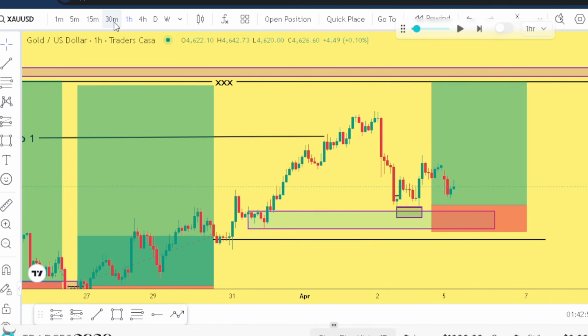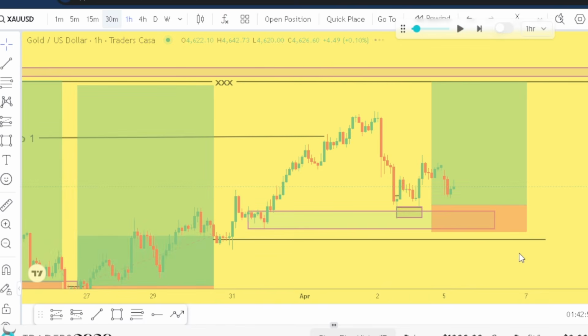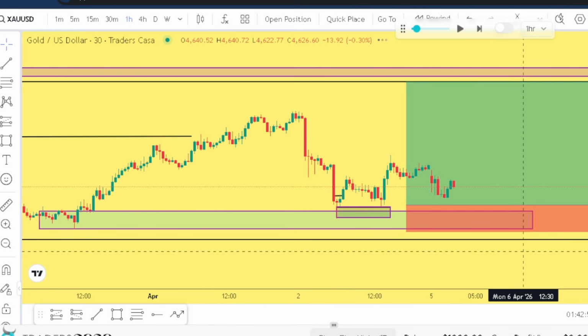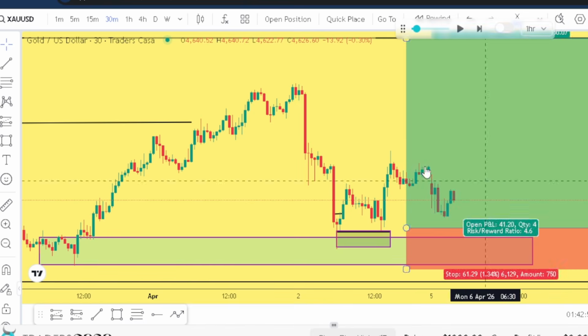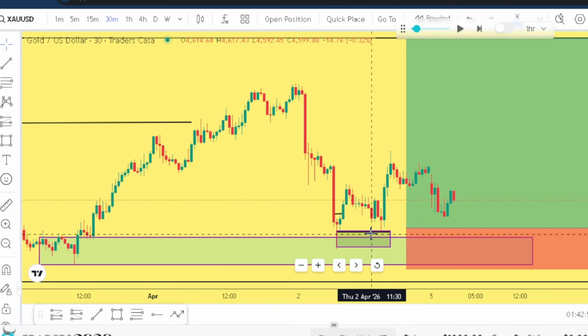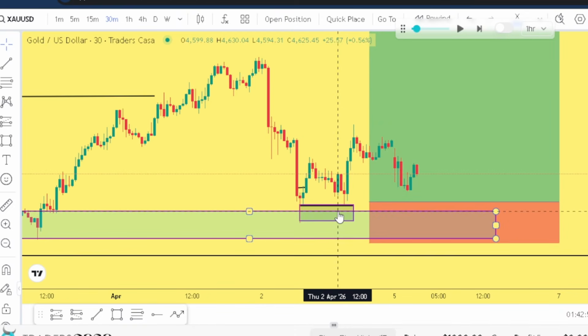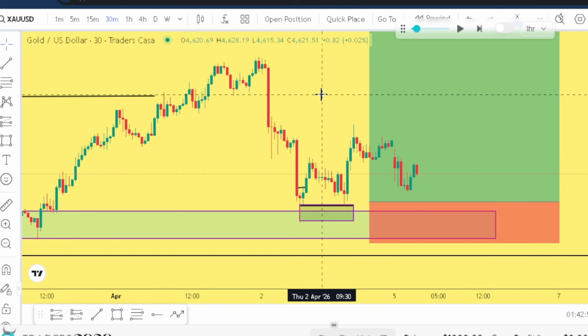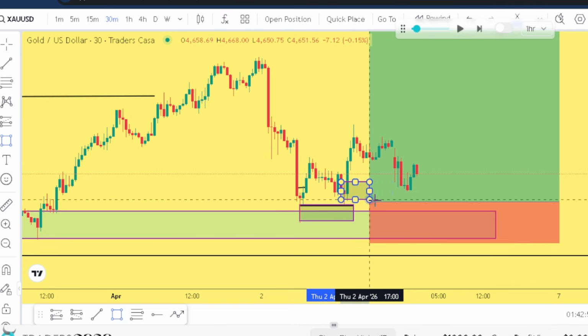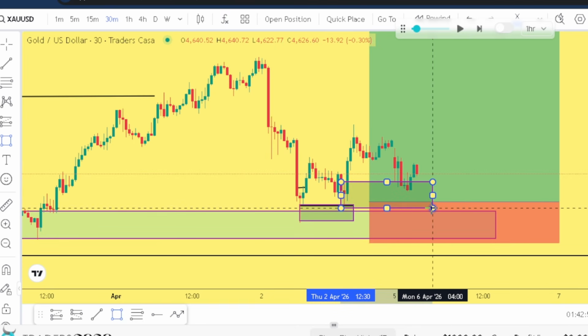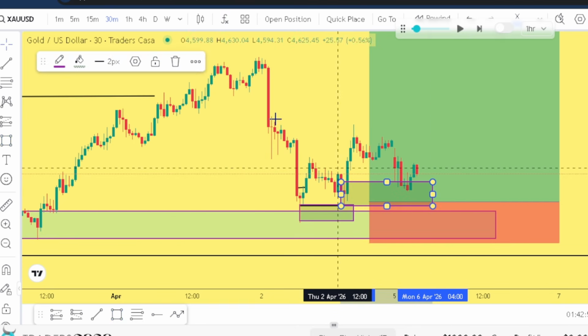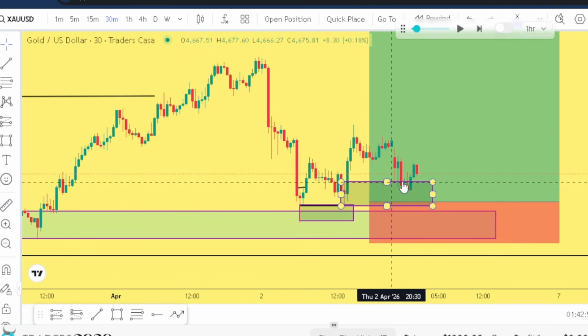Now when I go back to the 30 minutes, we notice that despite this 5 minutes key level, which is our order block on the 5 minutes, we have this key level also on the 30 minutes, since price pushed higher and gave us this particular order block.